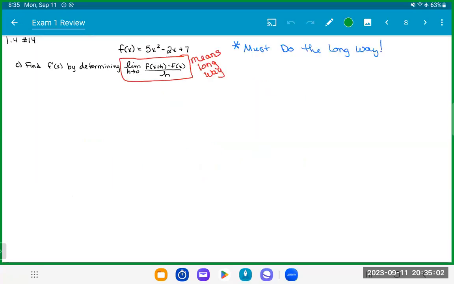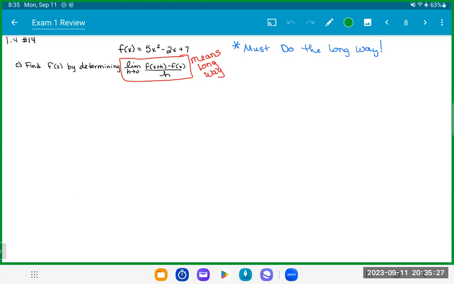All right, this problem here, remember I said there is one problem where you must use the difference quotient, the long way, to do a derivative. This is it, right? So when you see, I want to know the limit as h approaches 0 of f of x plus h minus f of x divided by h, that means you must do the derivative the long way.